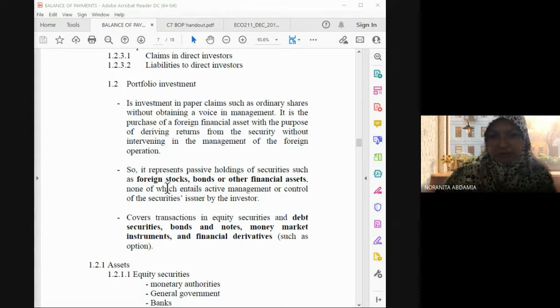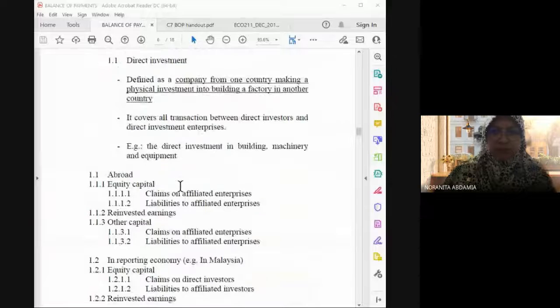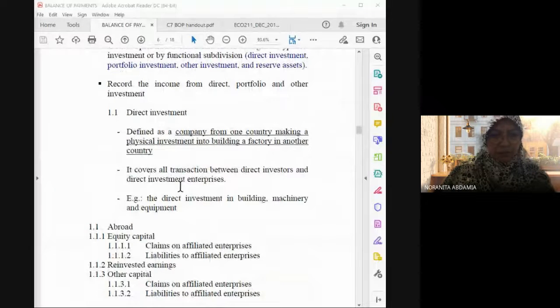Okay, we continue insyaAllah. Right, so again we recall direct investment, which means investment in the form of physical things that we can see physically, what we buy: the building, machines, whatever relates to production. That is direct investment.